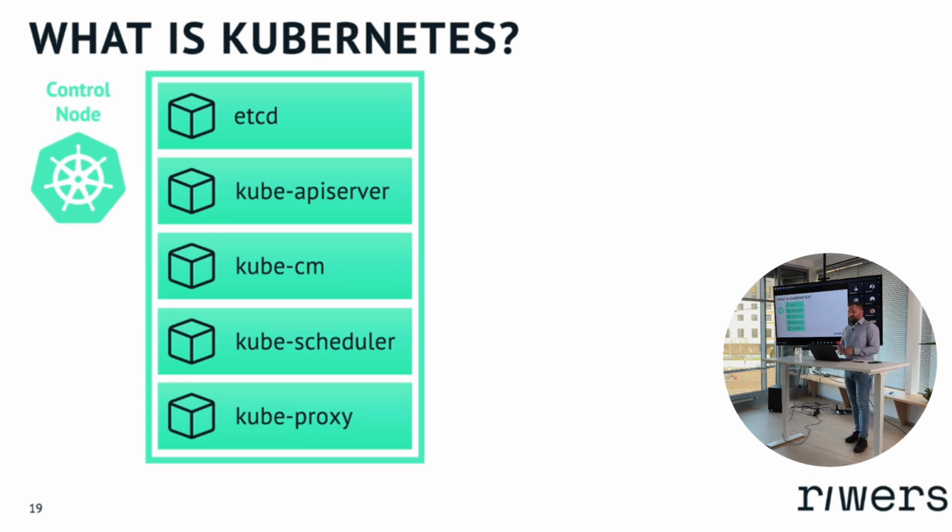Then there's Kube Scheduler. That's a very important part. Let's say you have 5 or 8 worker nodes, which have some hardware configuration, so some number of CPUs, some amount of RAM, some storage parameters.